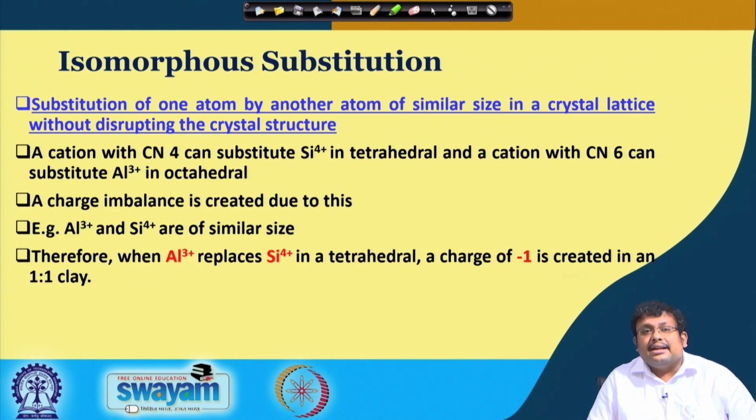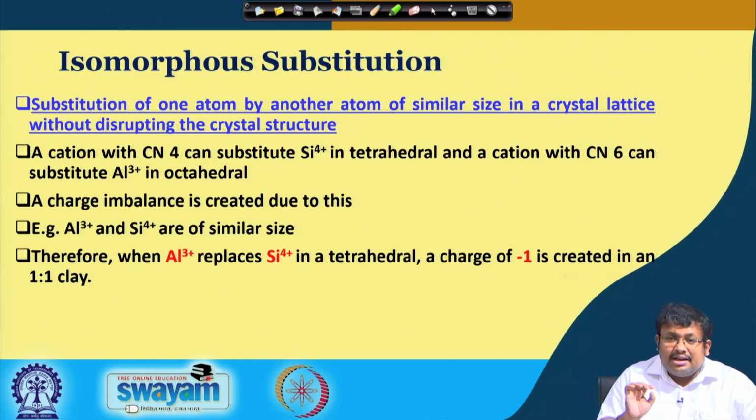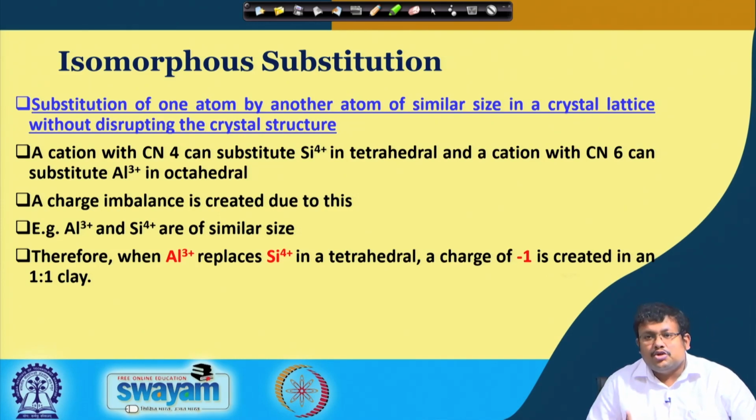Similarly, in the octahedral layer, aluminum gets replaced by either Fe2+ or Mg2+, because they have the similar coordination number of 6. So, this type of substitution is known as isomorphous substitution.